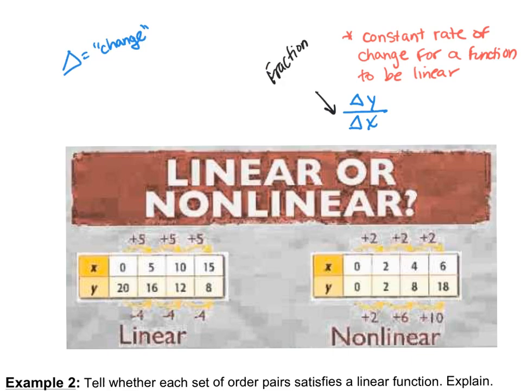It's telling you that as y changes consistently in this manner, x changes in this manner. So for it to be linear, the constant rate of change has to be present. And this rate of change is the change of y over change of x. This has to be consistent throughout the relation. If this is true, then the whole thing is a function. So let me show you, because maybe all those words are kind of confusing right now.